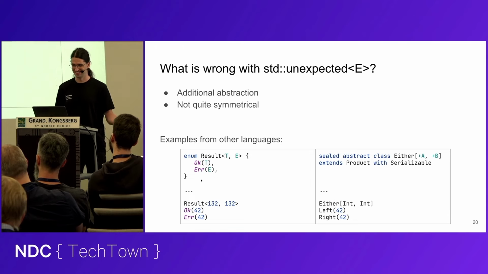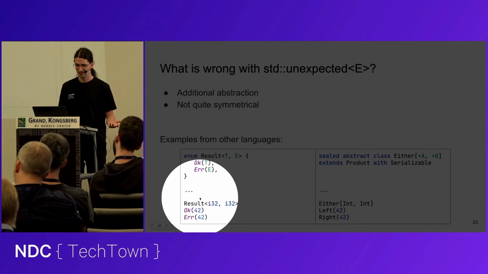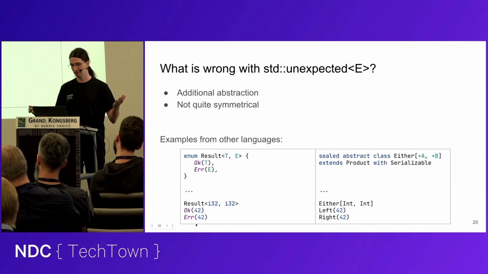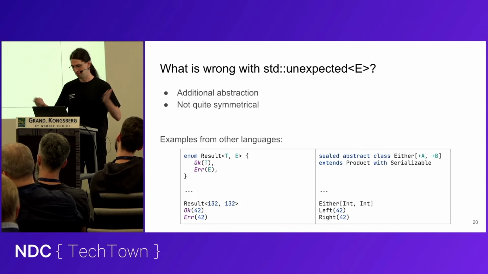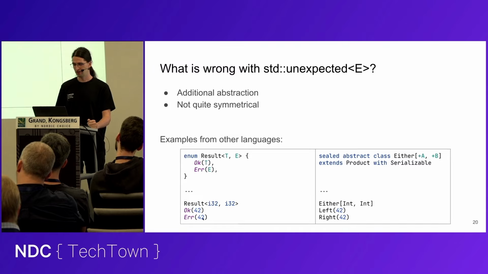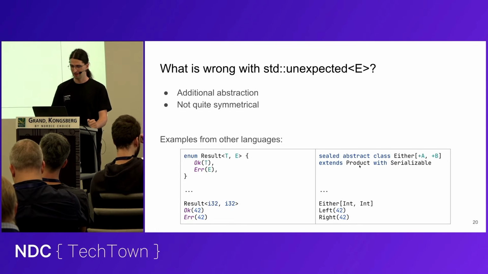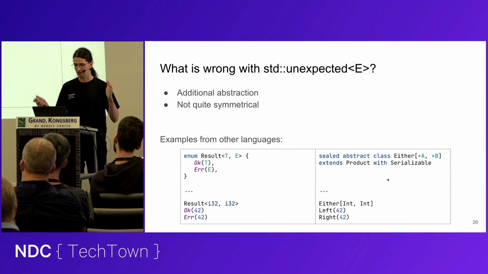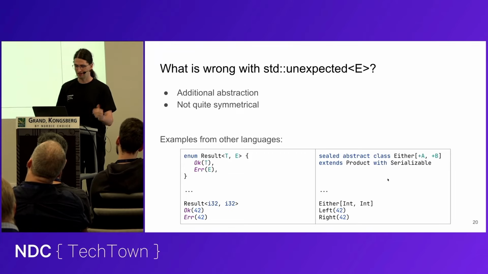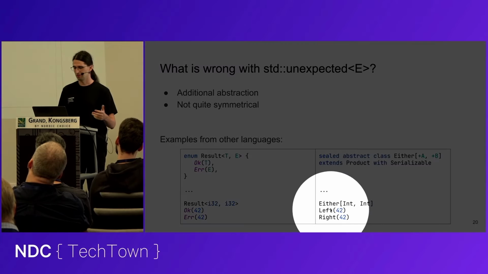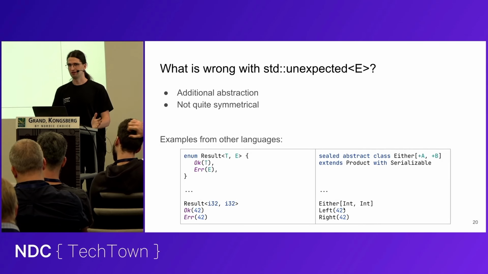And you can see this absolutely amazing symmetrical stuff with Ok and Err here. So, you want to have a result, you either wrap it in an Ok or Err. Looks cool. And this one is a little bit more functional, but it's from Scala. It's Either. It's a slightly higher level or more generic abstraction. But the thing is pretty much the same. So left and right, you wrap, it's quite symmetrical, but not in C++.